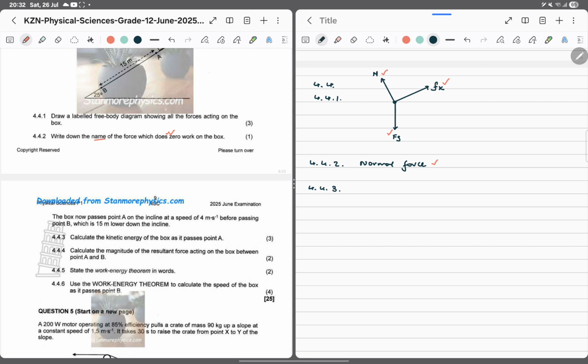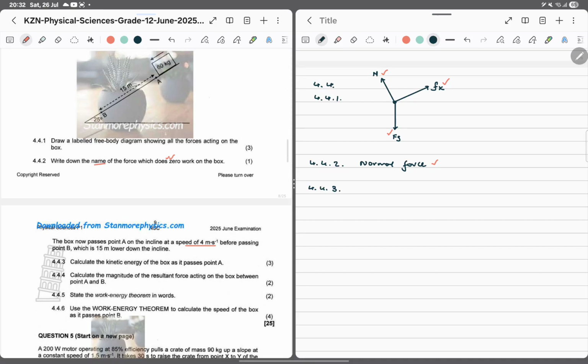Okay, so 4.4.3. We are told that the box now passes point A at a speed of 4 meters per second before passing point B, which is 15 meters lower down the incline. Okay, so that is indicated. Now the question says, calculate the kinetic energy of the box as it passes point A. It's very easy.